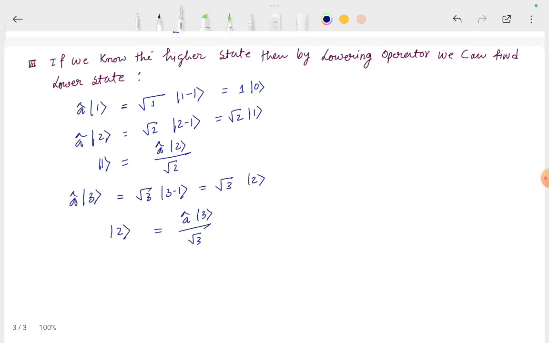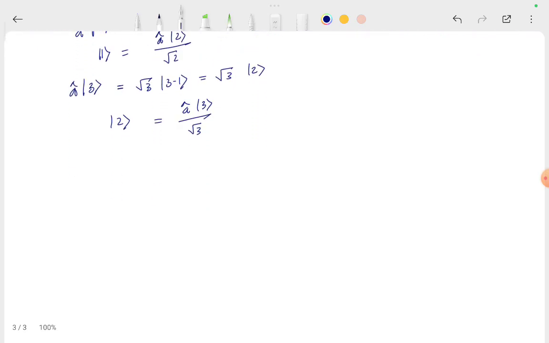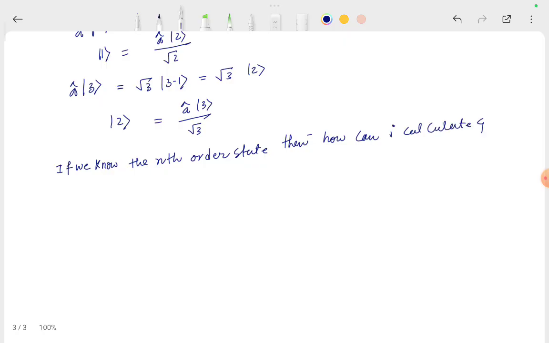If we know the nth order state, how can we calculate the ground state?